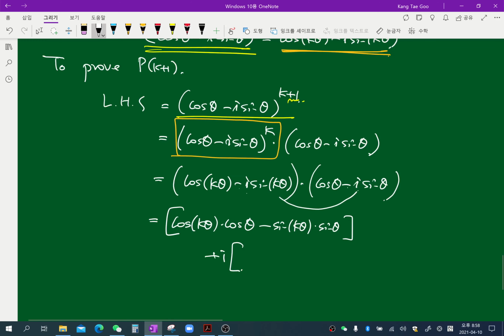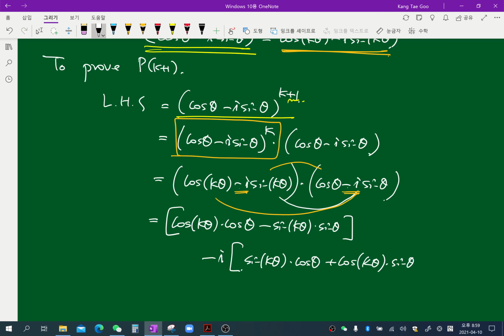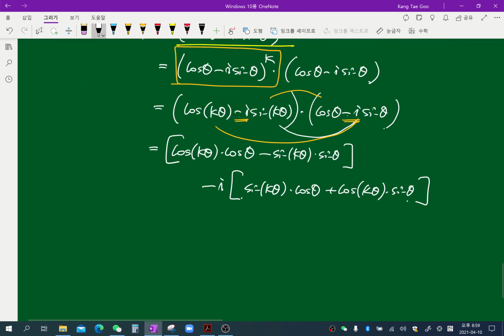Now I want to calculate the imaginary part. Instead of plus i, I just put all the minus, because when I multiply these two, minus i is there, and when I multiply this, minus i is there. All the rest is positive, so that's sine k theta cosine theta plus cosine k theta sine theta. Then it goes to cosine cosine minus sine sine, that is cosine of A plus B, right?